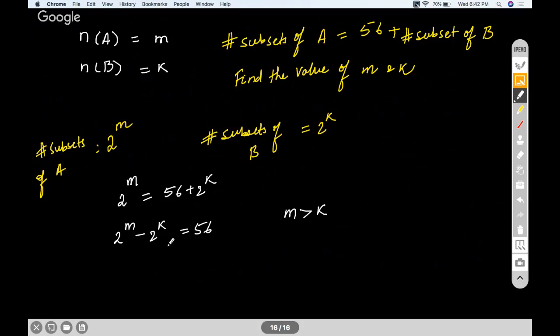Oh, that we converted to a roster form or that we converted to a set builder form? How does x lie between 1 to 9?